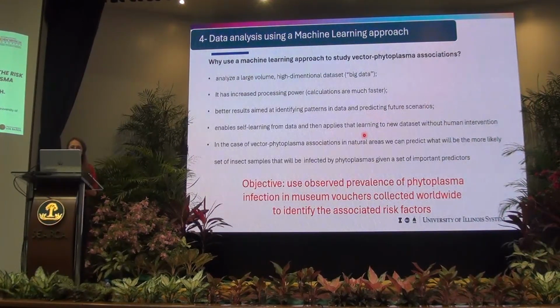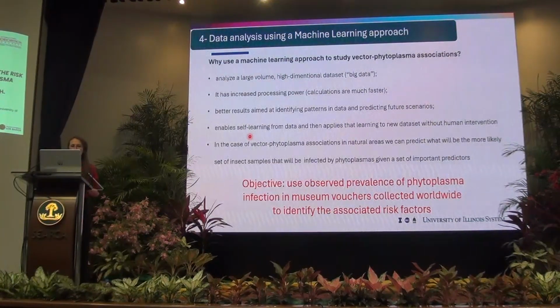We also get better results aimed at identifying patterns in data and predicting future scenarios, which is also the purpose of risk assessment, and it enables self-learning from the data, and then you apply that learning to new data sets without human intervention. Many people don't like that.